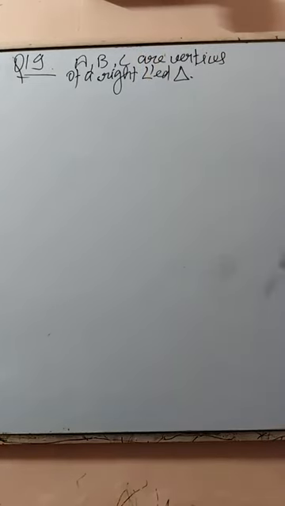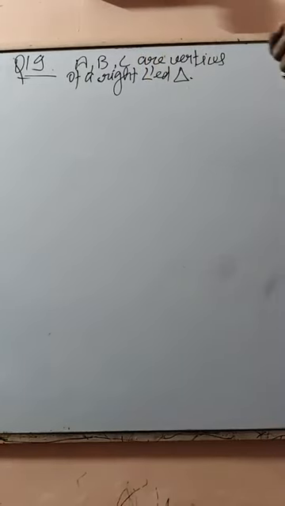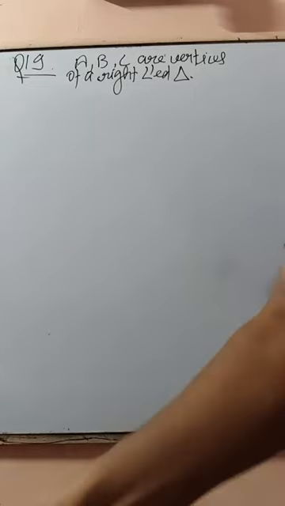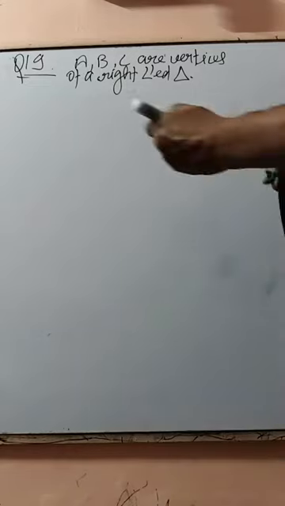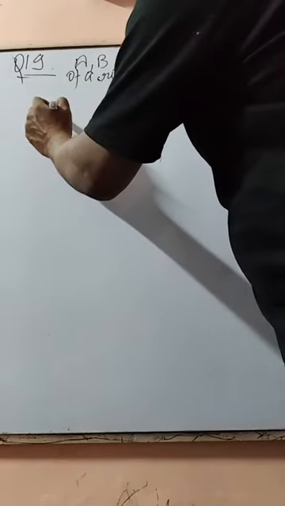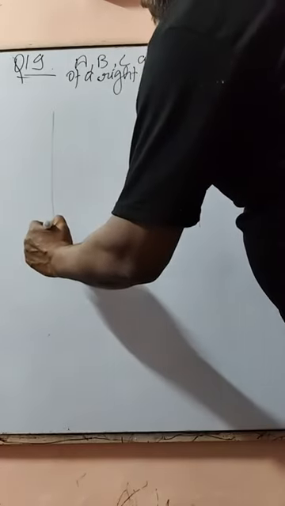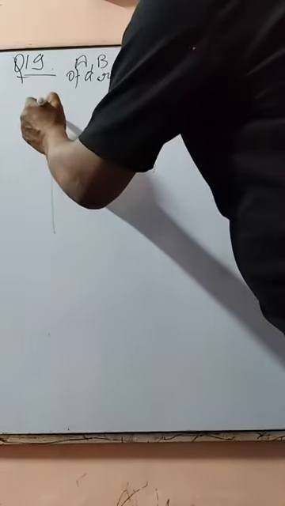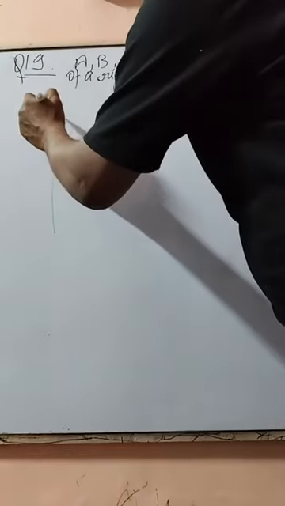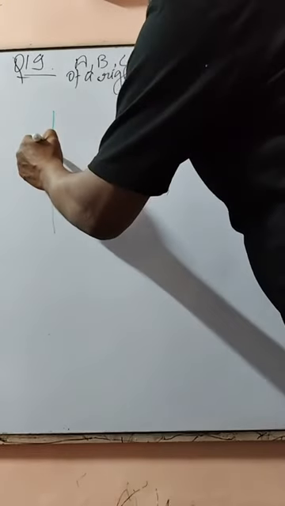Right? ABC are vertices of a right angled triangle. Fine. If I draw a right angled triangle, it will be like this. Right? It is like this.